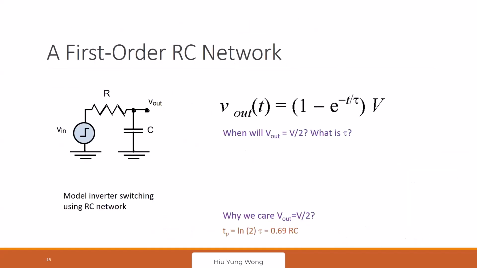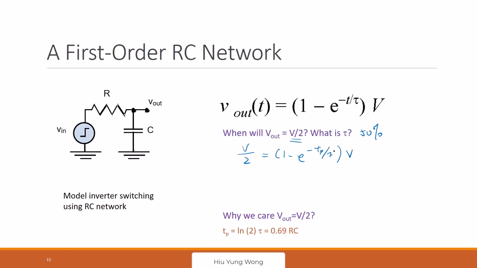Okay, so how do we calculate the delay? Again, this is another method. We calculate the delay when the output is at 50%, right? Remember, this is the delay. So what will happen if it is 50%? It means Vout equals V divided by 2 equals V times 1 minus e to the power negative t over tau, and this is the delay time.